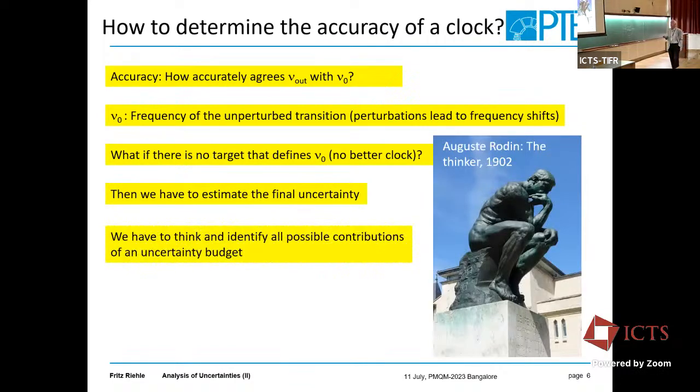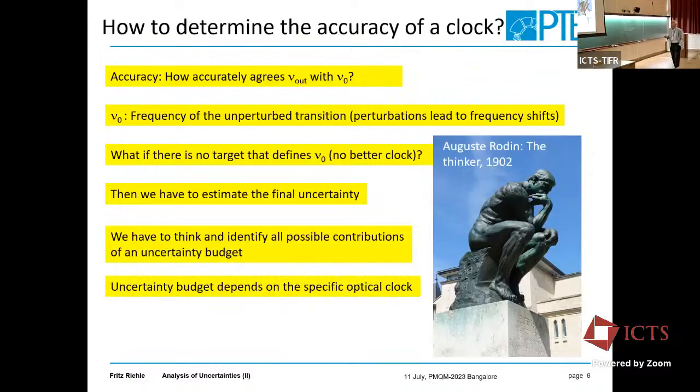And this means you have to sit down and think about all the possible contributions to an uncertainty budget. The uncertainty budget, of course, depends on your specific optical clock, and it also can change from day to day if one of the perturbations changes.